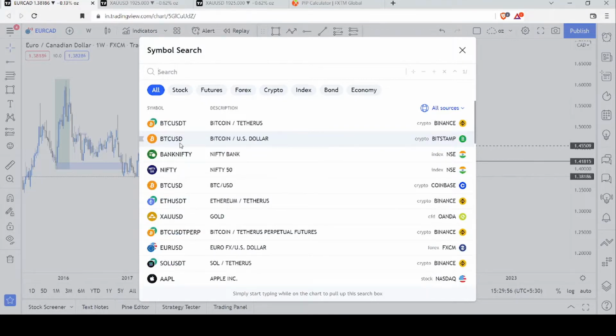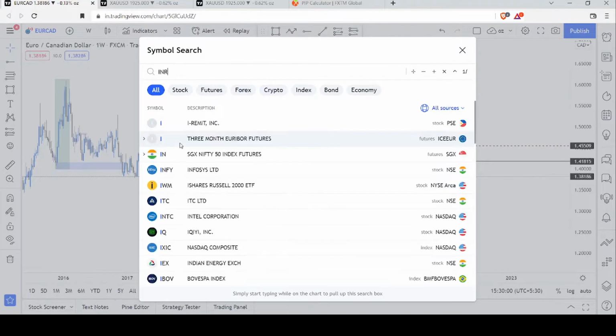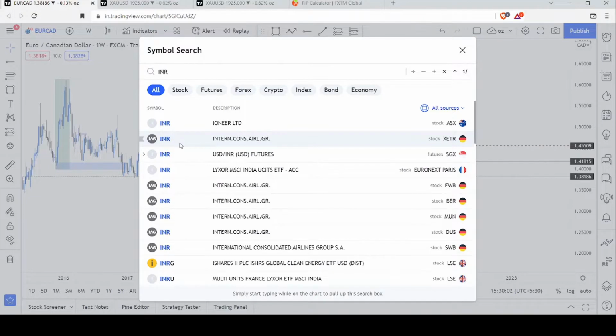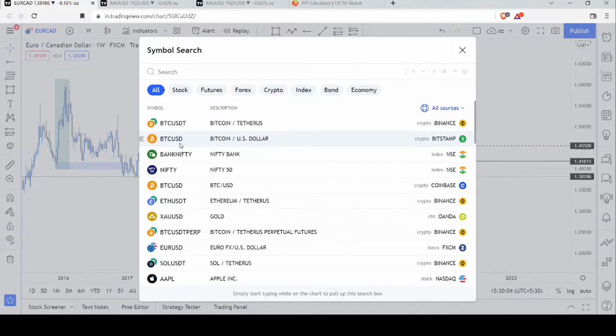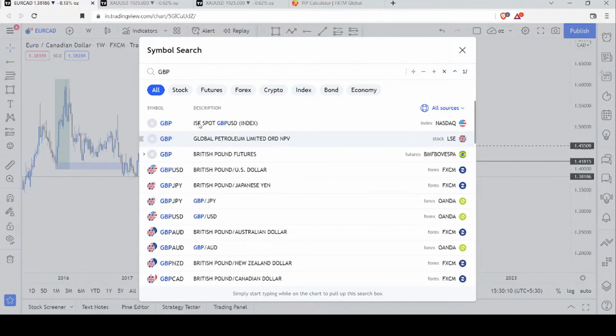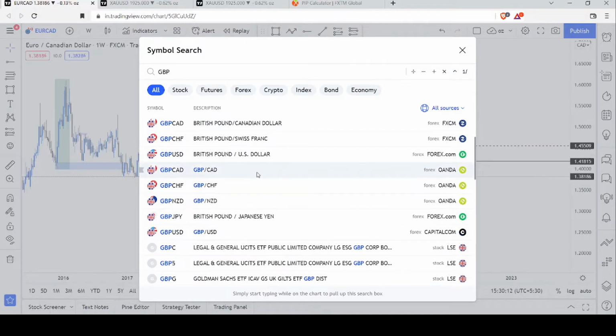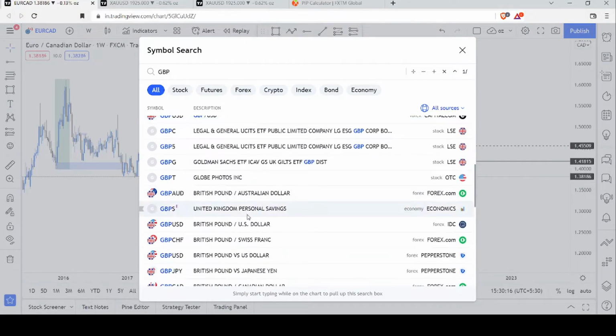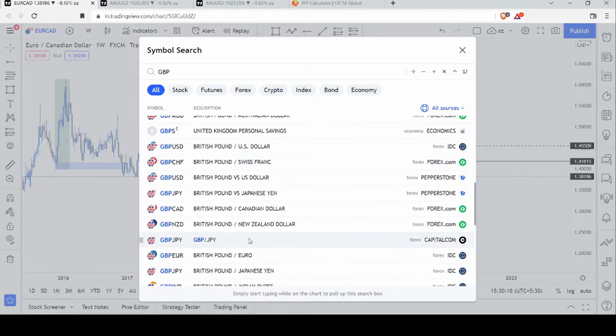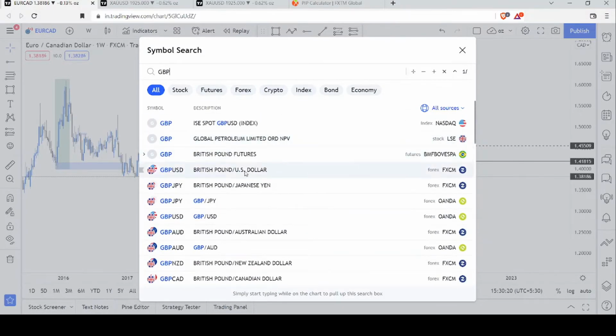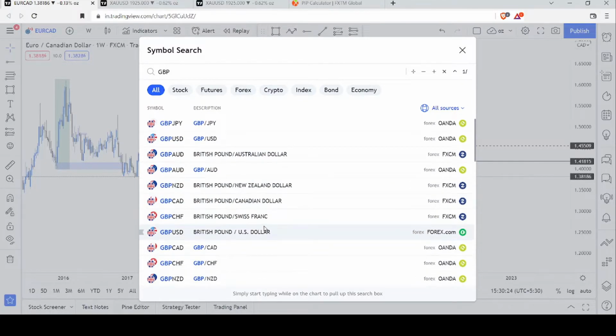So let's take maybe INR, some exotic pairs we'll look at, or okay, GBP, let's just take NZD.